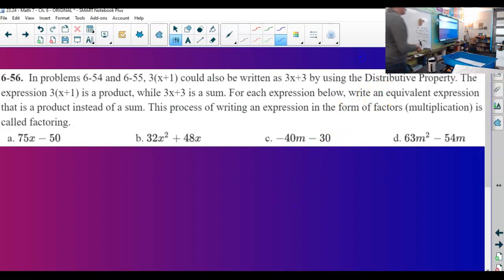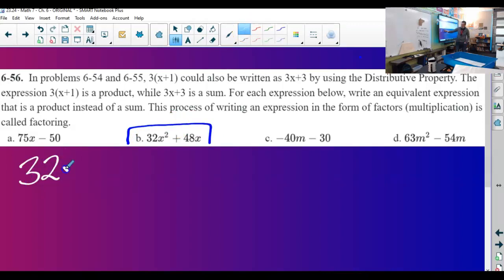So 32 and 48 are both a certain type of number. We don't have to go super complicated. Now, I know it's x squared, but I'm just mainly thinking about the 32 and 48. What could they both divide by?